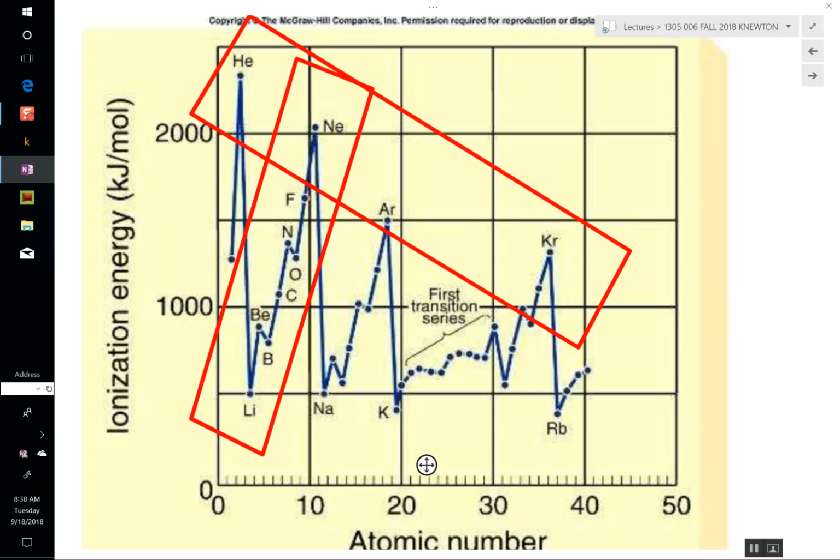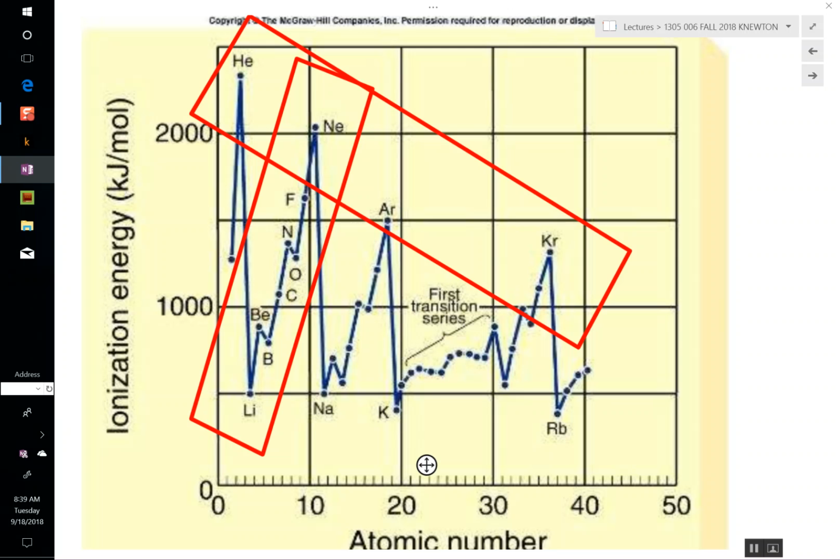And this is ionization energy. 0 to 1,000 kilojoules per mole. Don't worry about these units. Just that this is more energy than that. So don't worry about how we're measuring the energy or anything. But this is increasing energy. This is increasing atomic number. We're going across the periodic table. So as we go across the periodic table, ionization energy increases.